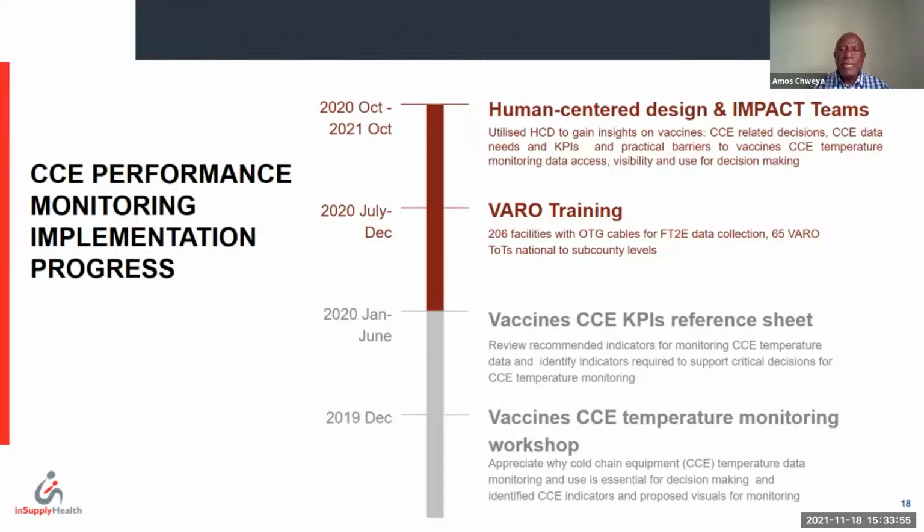And at the same time, now that the training had taken place, we started integrating the CCE data review into the existing impact teams, where as they reviewed the other vaccine supply chain data, they included cold chain equipment data that was now being visualized on Pogo DV. Next, please.